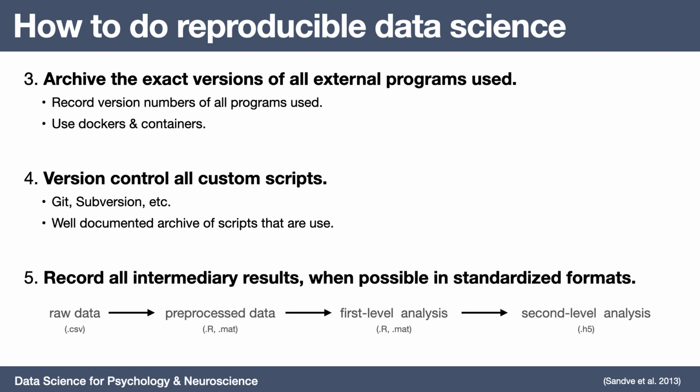So for example, you might start with your raw data in a tab delimited or comma separated file format. You might then use R or MATLAB or Python to pre-process your data, to tidy the data table, consolidate across data files, cleanse your data, and then you save that out as a new type, let's say, like a binary data type like R or MATLAB.